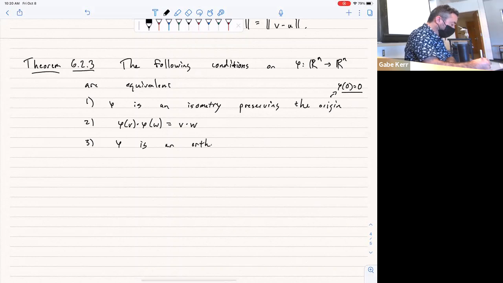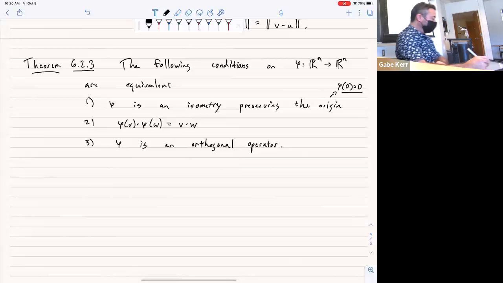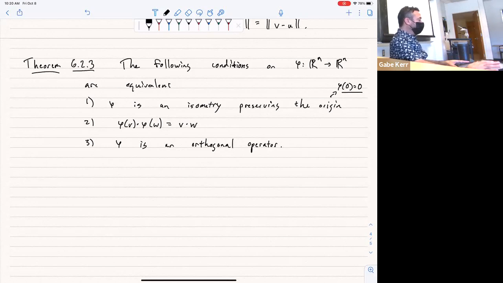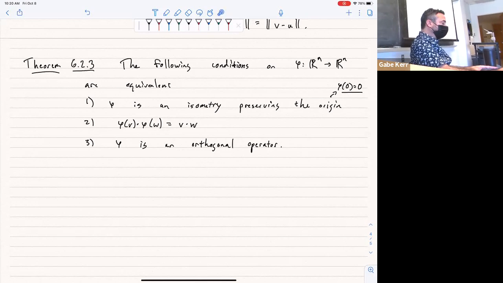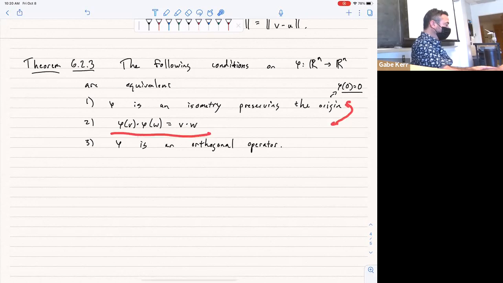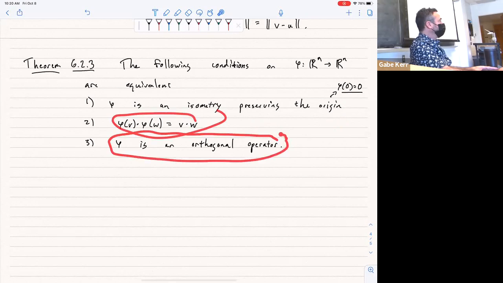Now, when you first look at this, I would not fault you at all to say, well, this is silly. Didn't we just define things this way? However, there is something missing here, right? So there is something to prove here. Certainly if it's an isometry preserving the origin, we can prove this pretty quickly. But why isn't this obvious? If this is true, isn't this what we used to define an orthogonal operator?